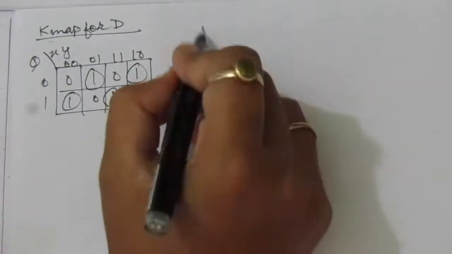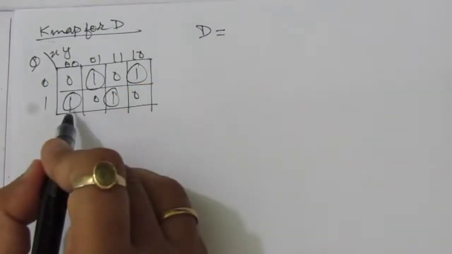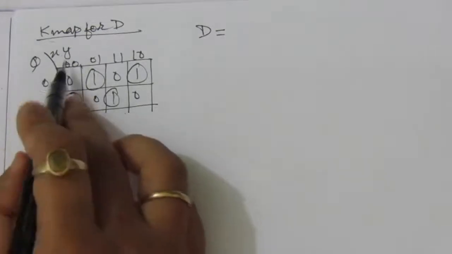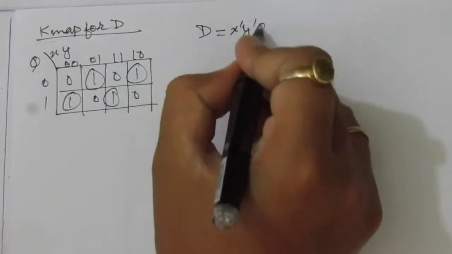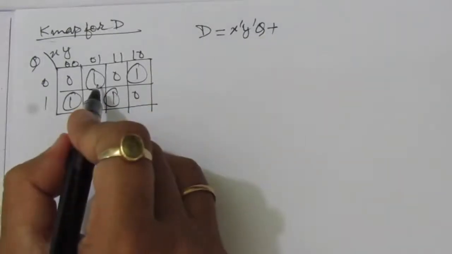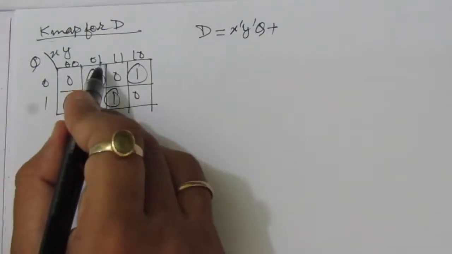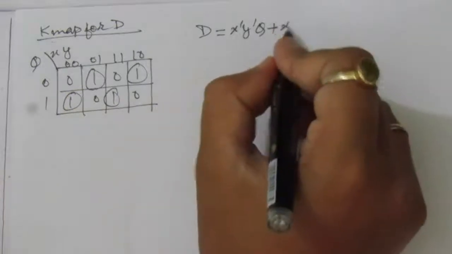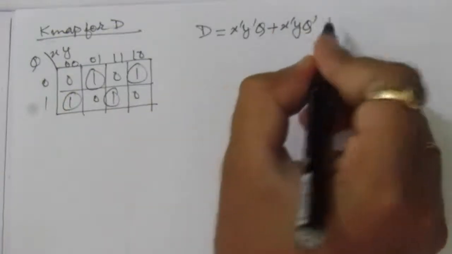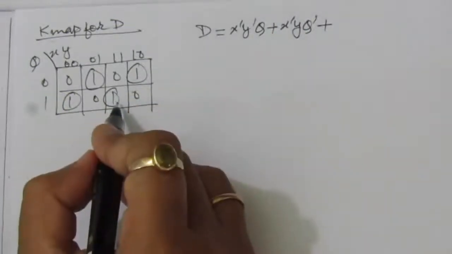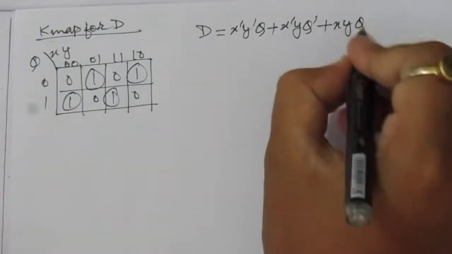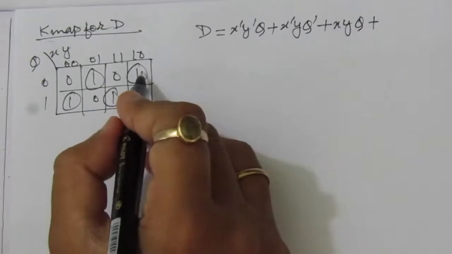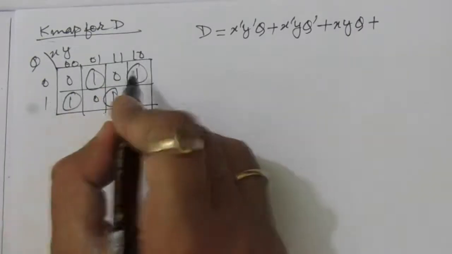Okay, so here D is equal to, from this term, X bar Y bar Q, plus for this term X bar Y Q bar, plus from this term X Y Q, and for this term X Y bar Q bar.